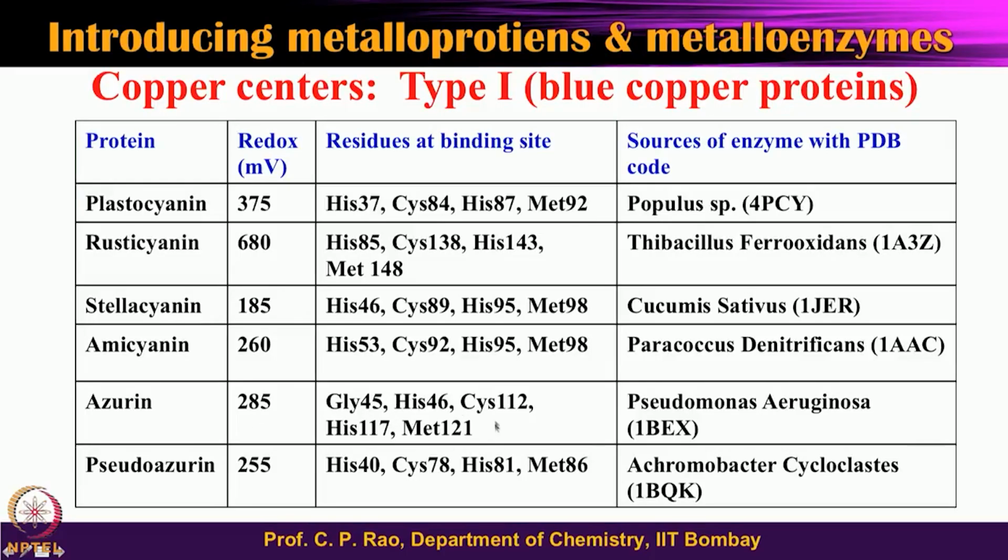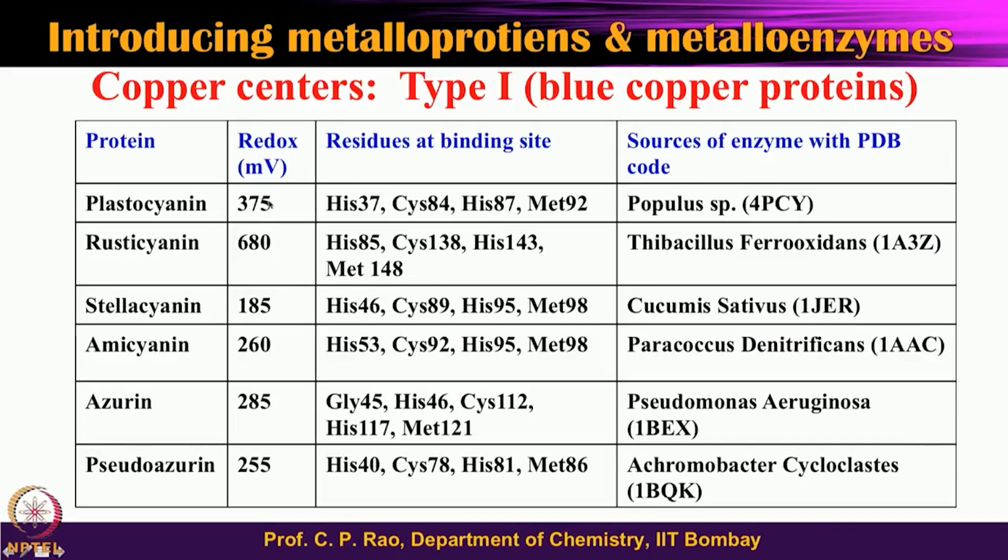This is the 5 coordinate one, and these are the 4 coordinate ones. As I told you in the previous class, there are 4 coordinated, tetrahedral, and 5 coordinated, trigonal bipyramidal ones, but none of these geometries is close to the ideal structure. They are very highly distorted. I will explain once again how the distortion is helping.